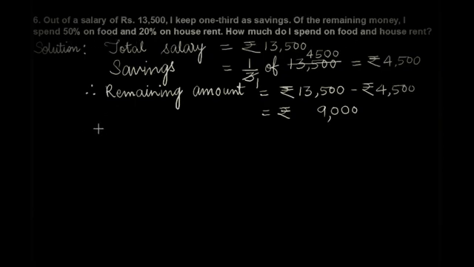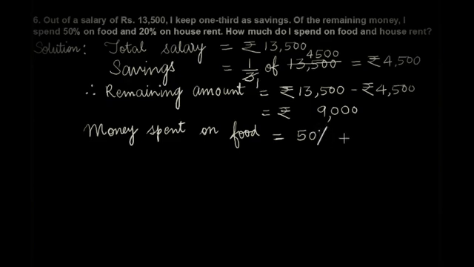So money spent on food is equal to 50% of the remaining amount of money, that is of rupees 9,000, which is equal to 50 by 100 of rupees 9,000.